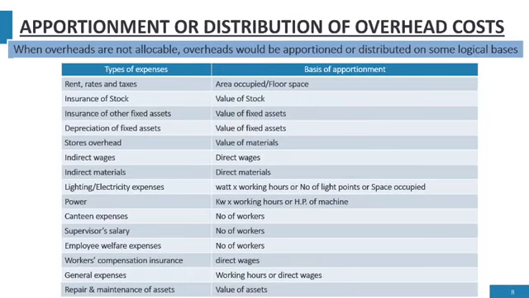Now we will discuss apportionment or distribution of overhead costs. When overheads are not allocable, overheads would be apportioned or distributed on types of expenses, rent, rates, and tariffs.